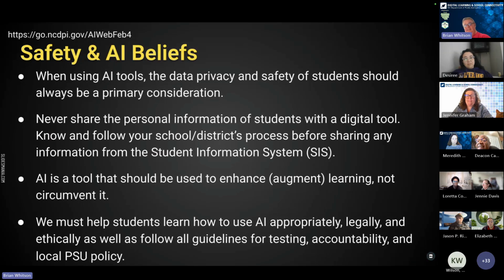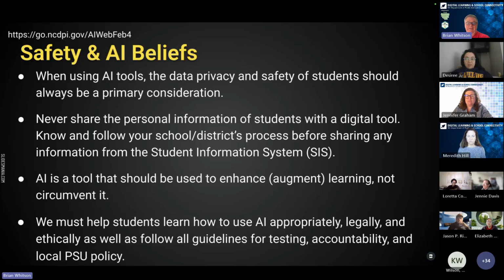As we get ready to jump into this, there are some themes, some core beliefs that we need to keep in mind for the safety of our students. Data privacy has to be our primary consideration. We never want to share any of their personally identifiable information. And we have to remind our students that AI is a tool that should be used to enhance or augment learning, not circumvent it.